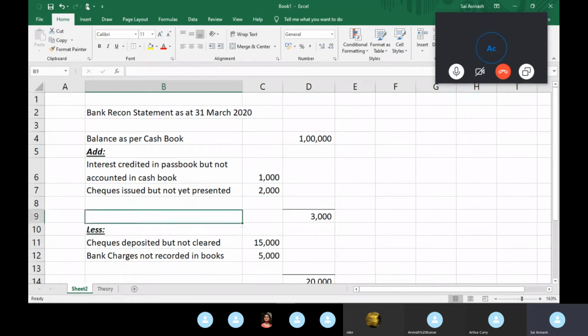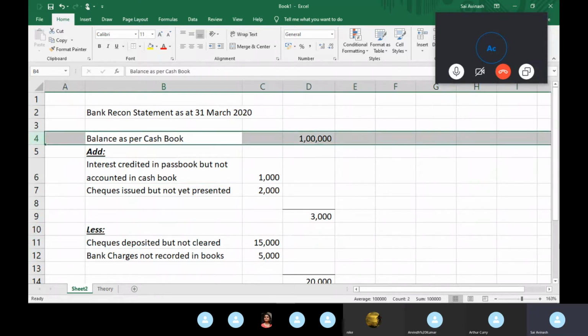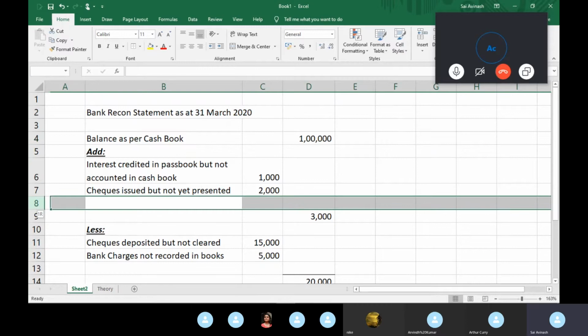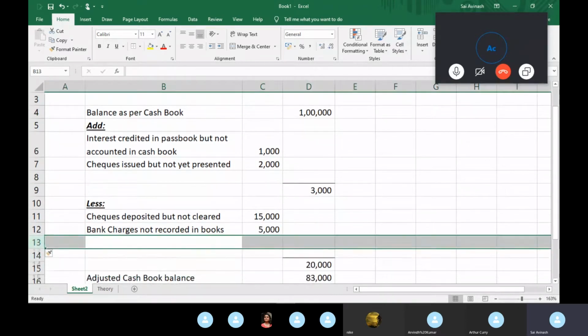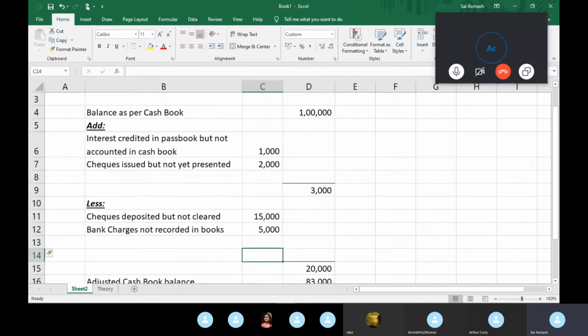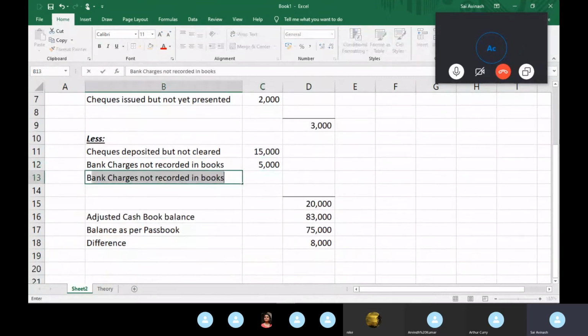So my cash balance will be higher than the passbook value. So this is a case where I will have to subtract value from my bank account. What will I be doing here? Bills dishonored, debited by bank account.